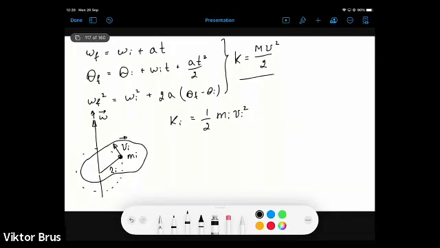However, in order to get the total kinetic energy, we need to sum up all kinetic energies of these small parts of the body. So the total kinetic energy will be the sum over all these small volumes of the body, Ki, and we can write 1/2 Mi Vi squared.